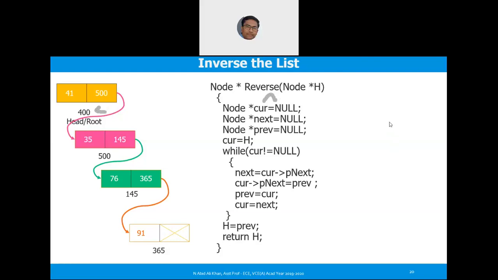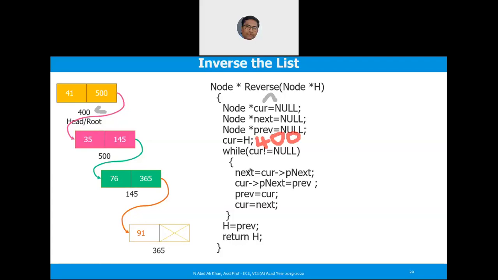Yes or no? Yes, sir. Okay, so next is pointing to null. Now here current is H, which is nothing but 400. So I'm starting from 400 until my current becomes null.